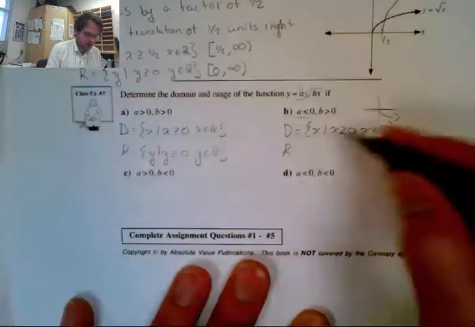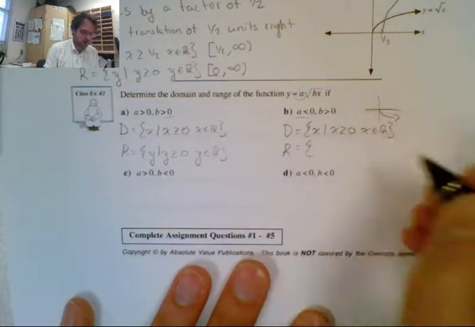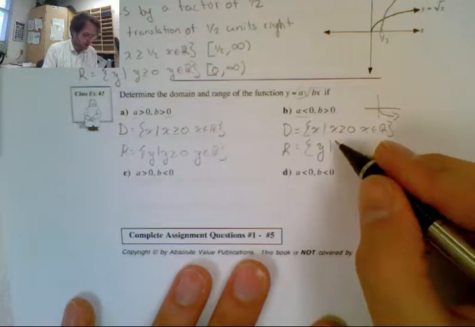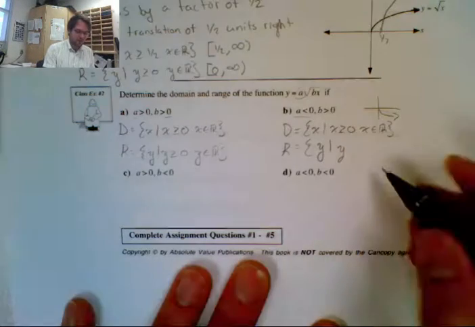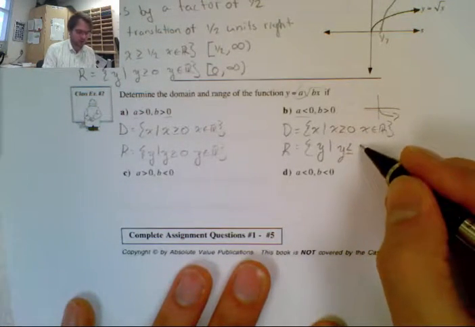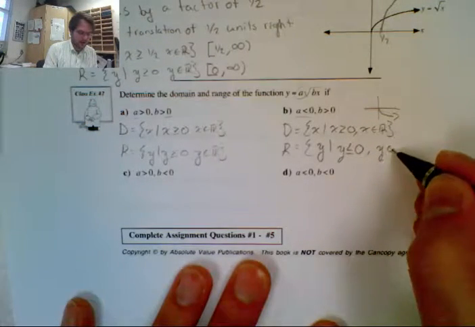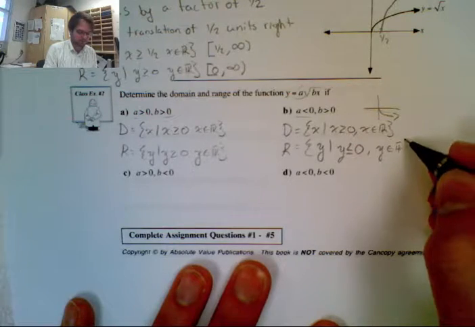And my range, we're going to look at this way. We're going to look at y such that we have y must be less than or equal to 0, and y is an element of all real numbers.